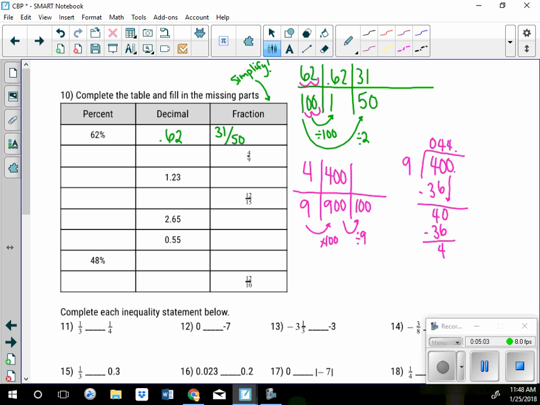Jackson, what's going on? Repeating. It's going to keep repeating over and over again. Don't forget your repeating sign here. So on our ratio table, our percent out of 100 would be 44.4 repeating. That's our percent. Oh, I almost forgot my percent sign.